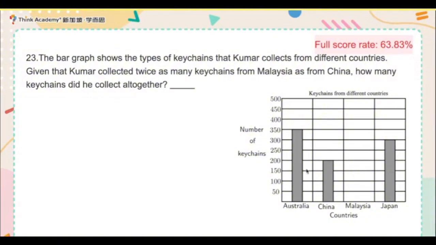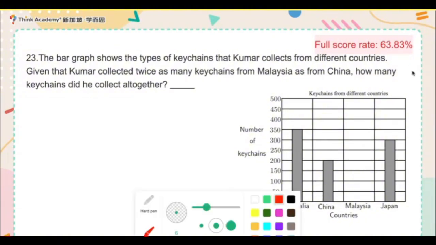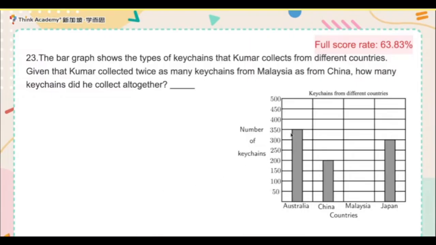Okay, so everyone, let's see how we can read this kind of chart. You see, this is a bar graph, right? And every bar, the length, the head of it, just shows the number of keychains from each country.